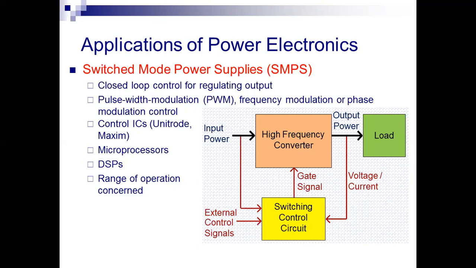The frequency converter operates with respect to the switching control circuit. Whatever signals we get from the switching control circuit are given to the high frequency converter and then to the load.